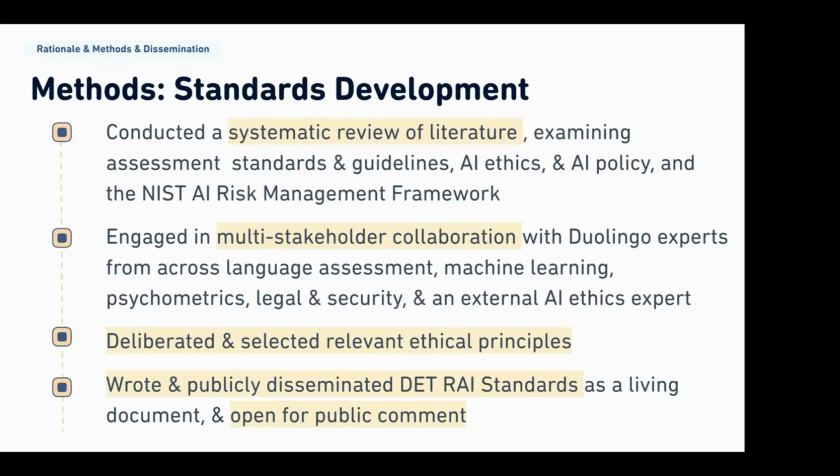And then we engaged in multi-stakeholder collaboration with Duolingo experts from across fields, so language assessment, machine learning, psychometrics, legal and security, plus we worked with an external AI ethics expert from computer science. Then we deliberated and selected relevant ethical principles, and then we wrote and publicly disseminated the standards as a living document, which is open for public comment.